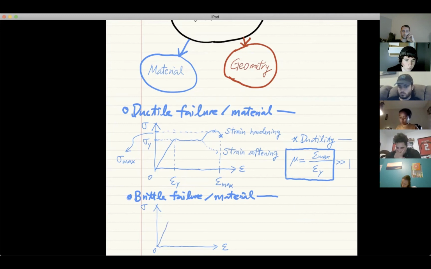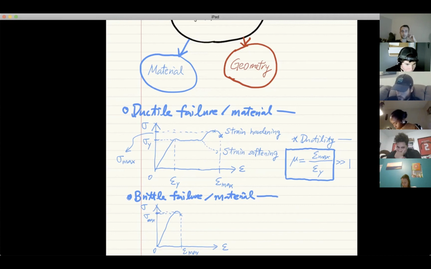It goes up, and after passing the maximum stress, it will just fail. So similarly, you can also define epsilon maximum here, and also sigma maximum, that is the maximum stress.